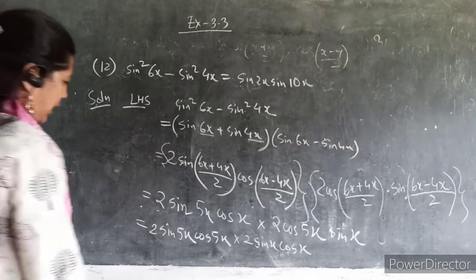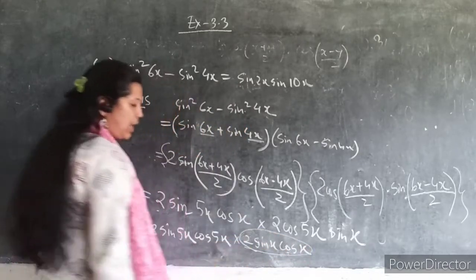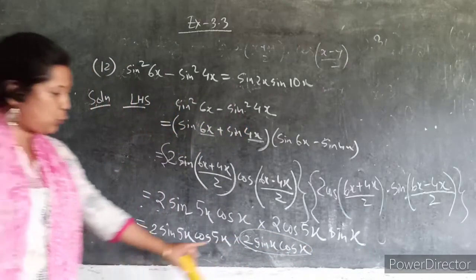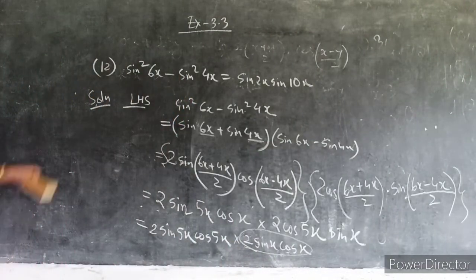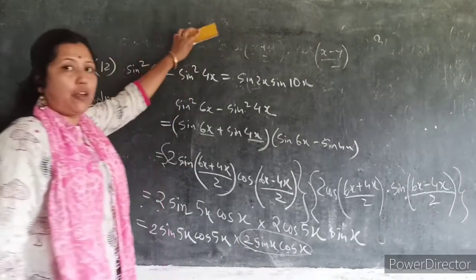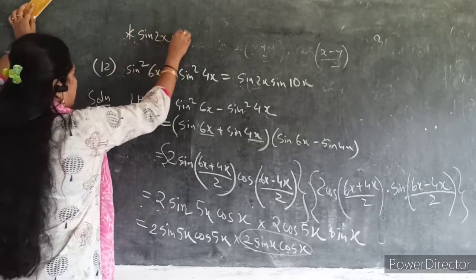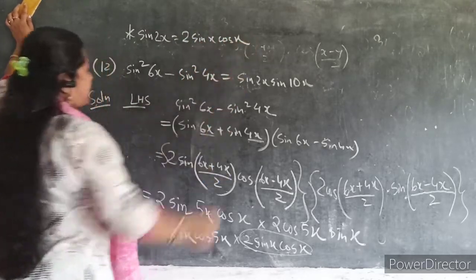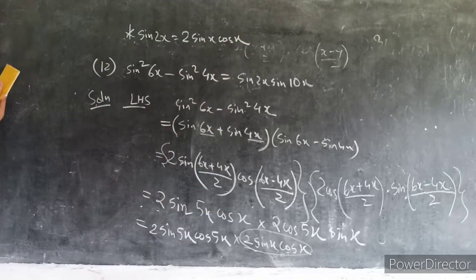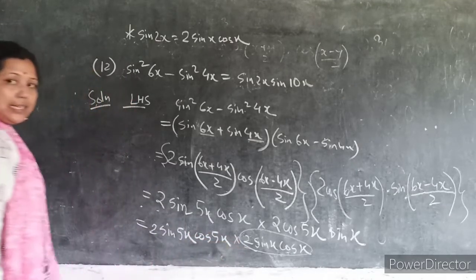Already I have discussed this in your previous video, it comes under one formula. What was the formula we discussed? That is sin 2x is equal to 2 sin x into cos x. Is it not? Yes? So similarly, this part will be directly sin 2x.